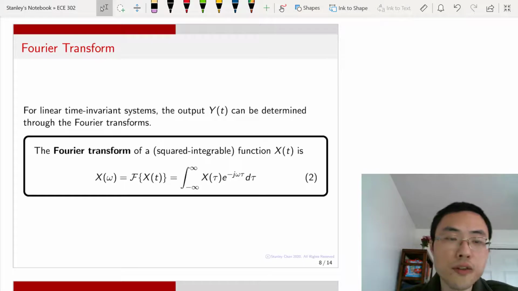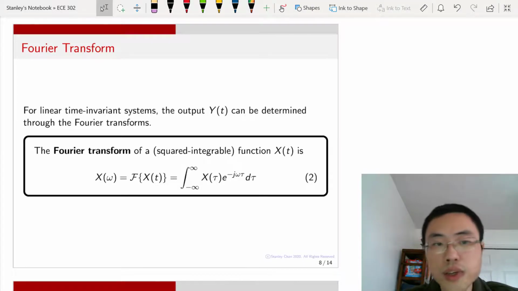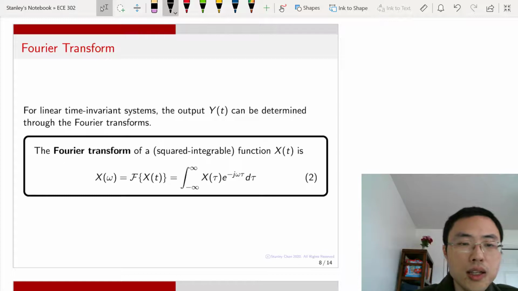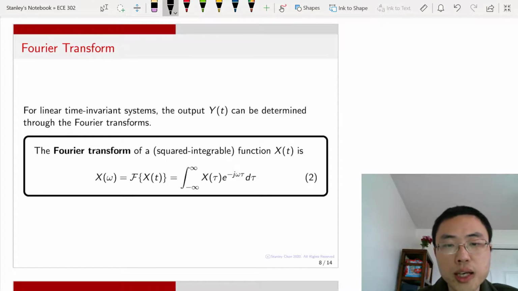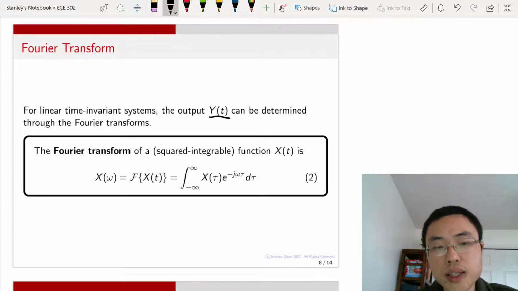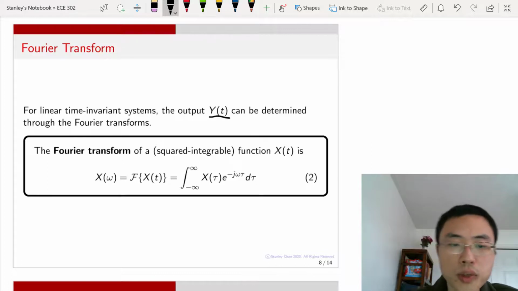Now, after we have looked at the convolution and the basics of LTI systems, I also want to give a quick review of the Fourier transforms. For any linear time invariant system, the output y(t) can be determined through the Fourier transform. The Fourier transform of a square integrable function x(t) is defined by this integration.